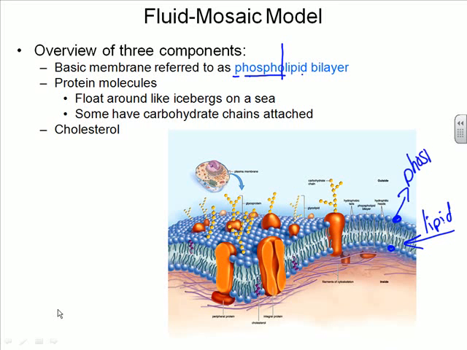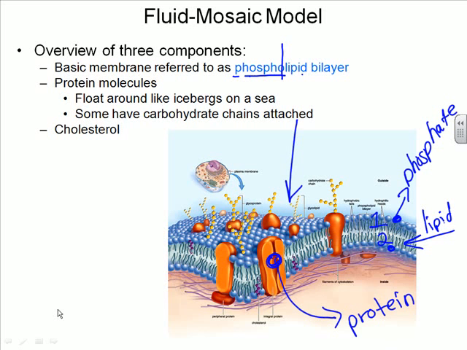And you can see that it is a bilayer. It has two parts, part 1 and part 2. We also have proteins found within the phospholipid bilayer. And these proteins, if you'll notice, are kind of floating around. If you're looking at it from the surface, what you see on the surface is just a small view of the overall protein.